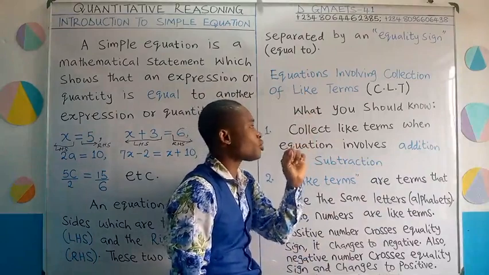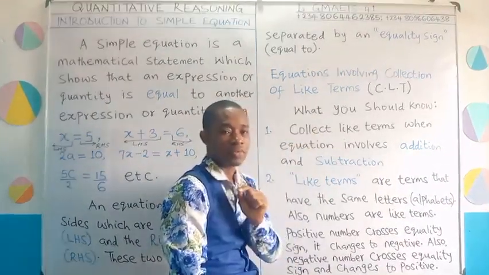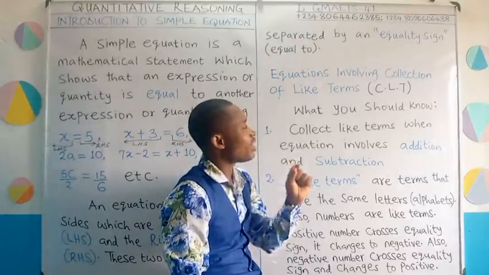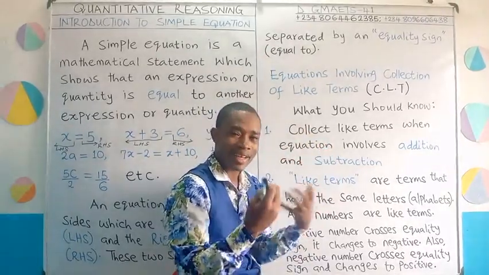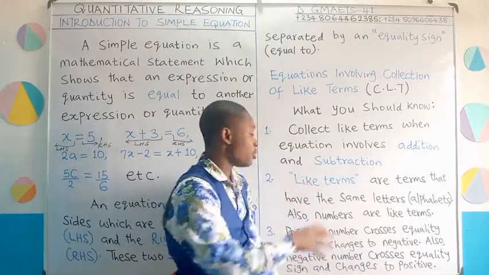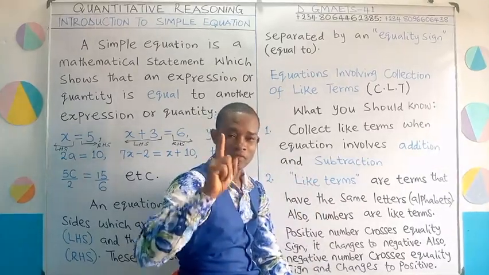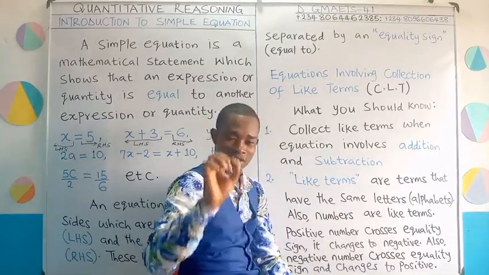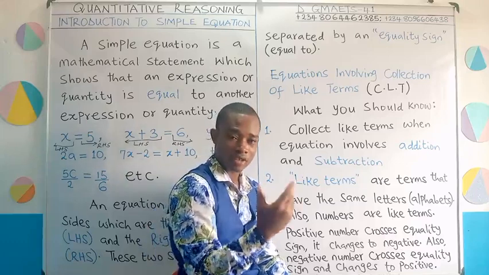How do you identify equations that could involve collecting like terms? And when you identify that to solve this particular problem you need to collect like terms, what are some other things you also need to know? On the board here, I have three things I want you to be very interested in when dealing with equations involving collection of like terms.